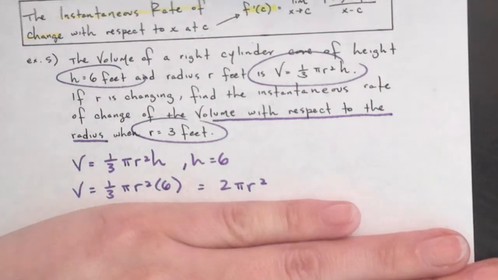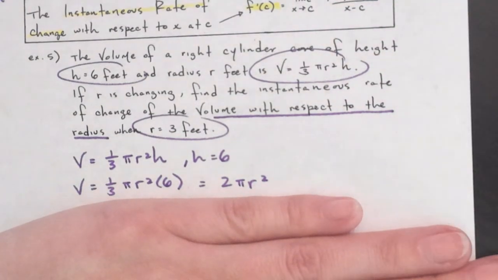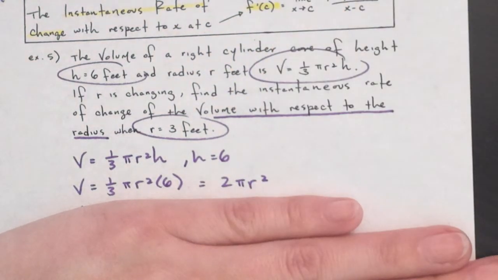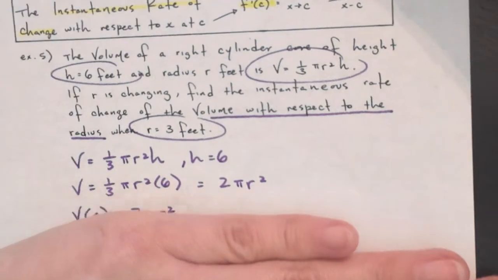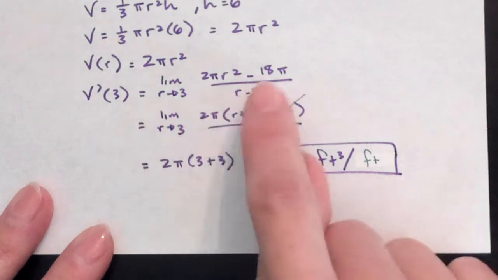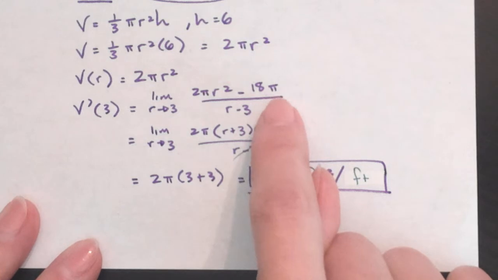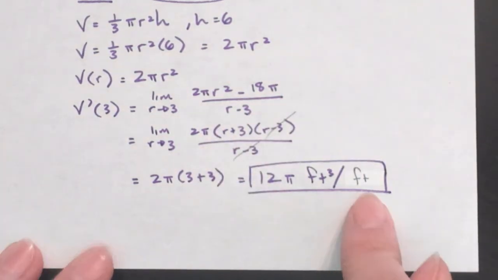So there's volume, and now I want to find m tan for this, and I want it when r equals 3. So then I do my formula. Just like before, the limit as r approaches 3 of V(r) minus V(3) over r minus 3. And then I get my final answer.